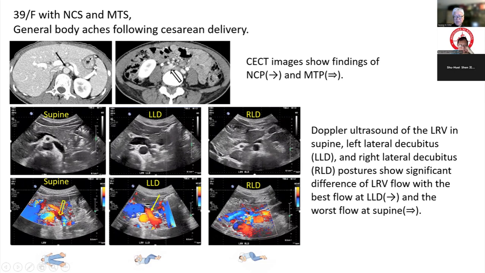And with the patient's postural changes, this is the left renal vein in supine, left lateral decubitus, and right lateral decubitus positions. As we discussed, in left lateral decubitus the compression is least, and it is the best sleeping position for nutcracker patients.